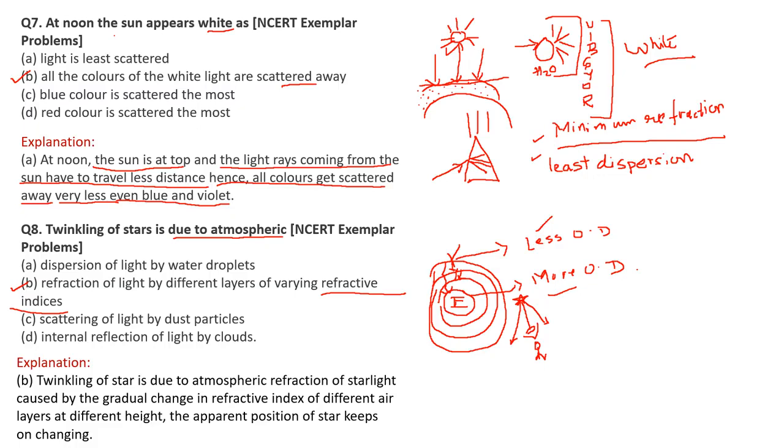Because of that, the stars appear like twinkling. Sometimes it is very bright and sometimes it looks very dull. And this dullness and brightness is making the appearance of twinkling of star. So this is the correct reason behind this phenomenon, right? Coming to the next question.